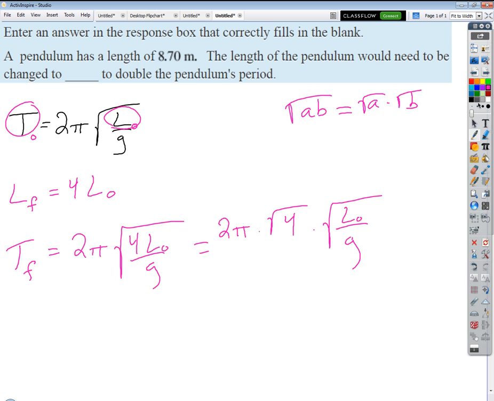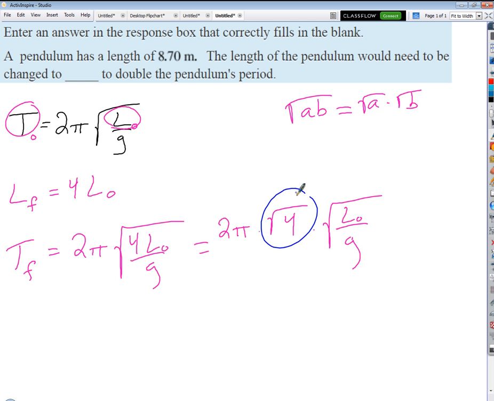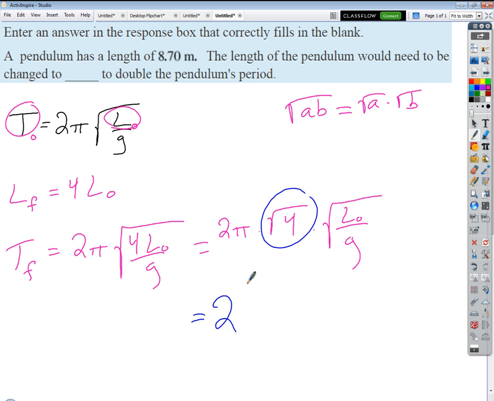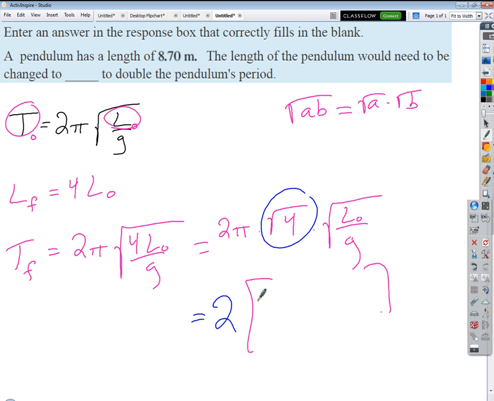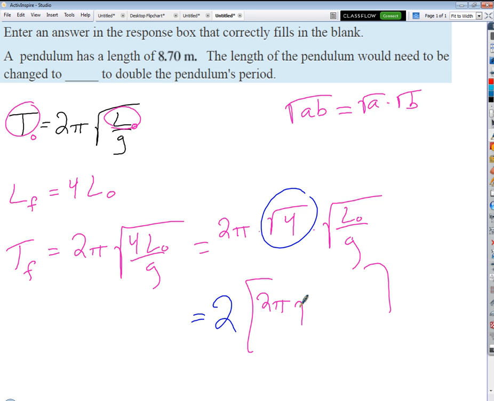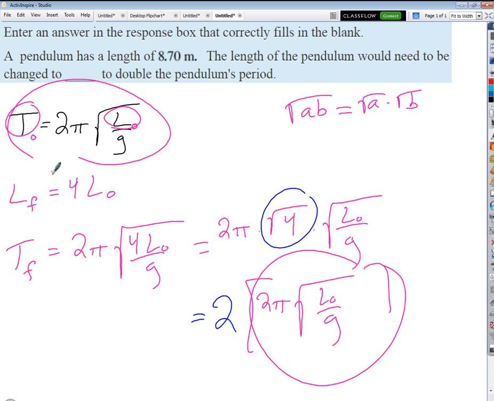Well, what is the square root of 4? 2. So isn't that really just the same thing as saying 2 times 2 pi times the square root of L naught over G? But what's this whole thing? That's my original period, isn't it?